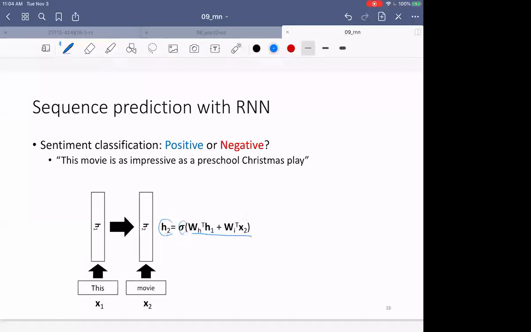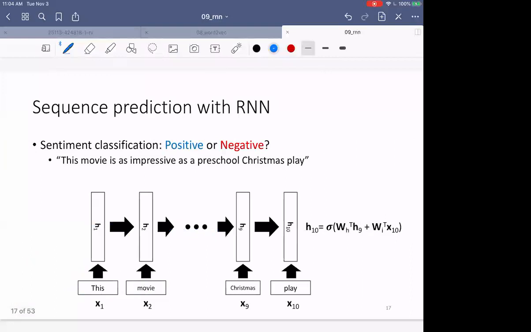Now H2 represents what? H2 so far represents the sub-sentence or the partial sentence, which is this movie. So it already contains this here and movie here. Well, it's not a sum, but it's a nonlinear representation of those 2 words.